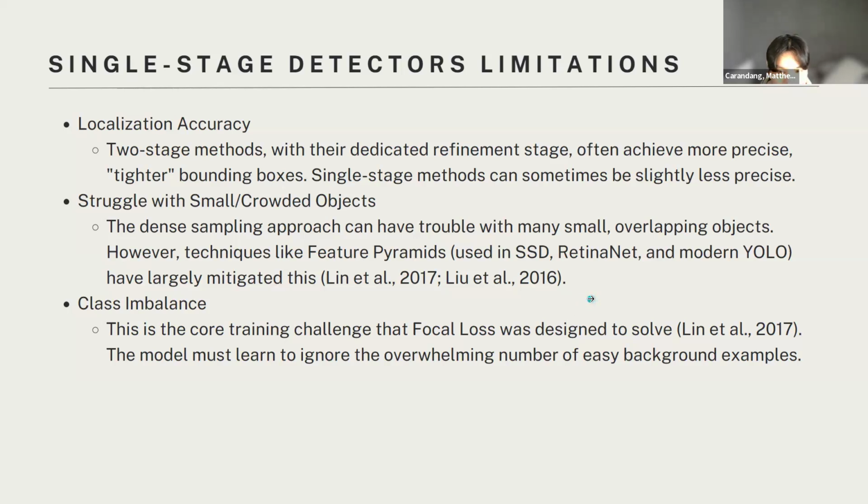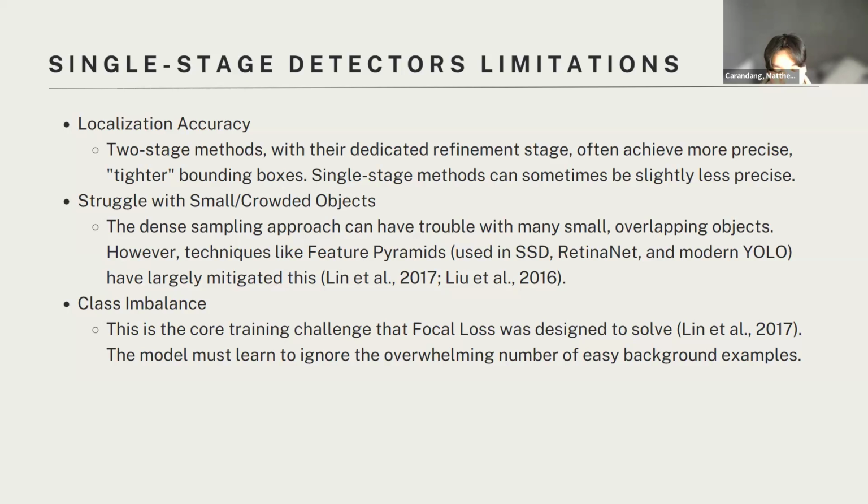And then last we have the class imbalance. This is a massive training problem where the single-stage detector makes thousands of predictions per image, but some of them can be classified as just background, not really part of the objects that we're trying to detect.